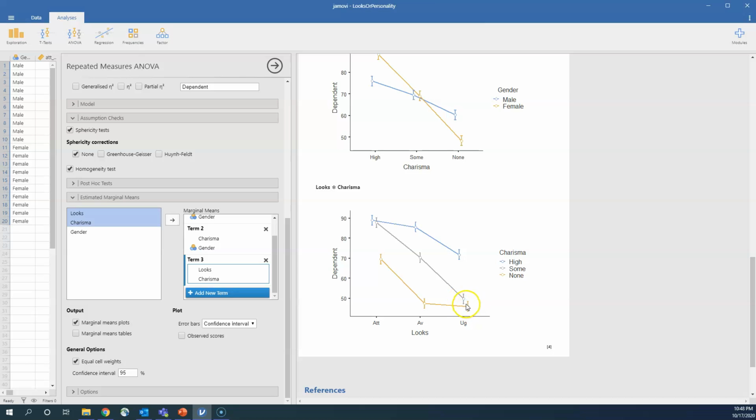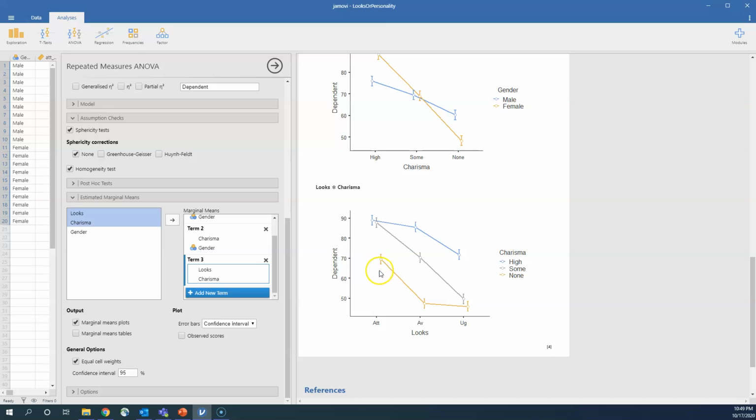If you're going to overcome your ugliness, you have to have high levels of charisma before you can make up for it. But if you are highly attractive, it's okay if you're not that charismatic. You can be even very boring, and people will still enjoy being around you because your attractiveness is more important, apparently.